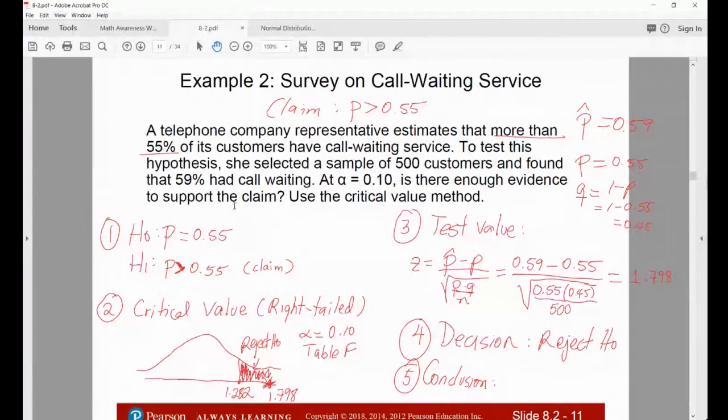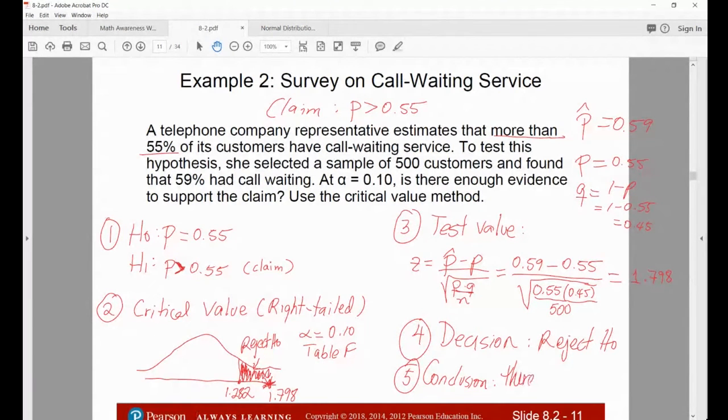Is there enough evidence to support the claim? Yes or no? Can we support the claim? Yes. Because we reject that P is equal to 0.55, so we can support the alternative that P is greater than 0.55.